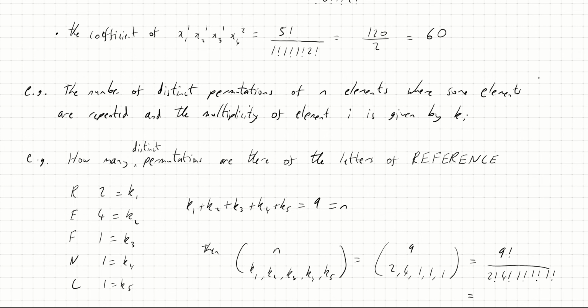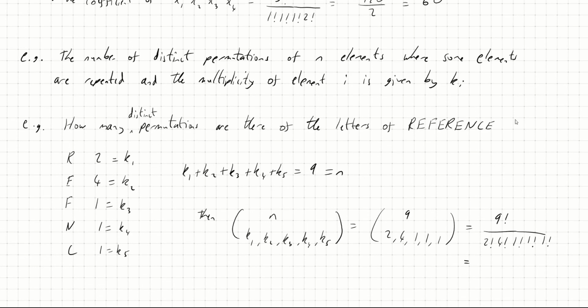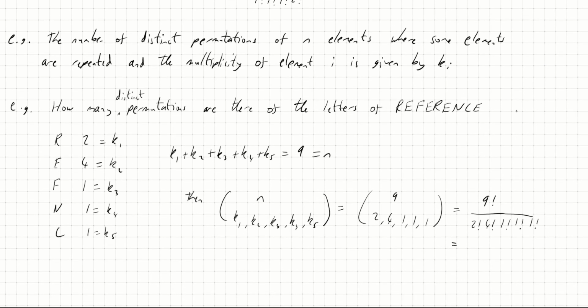The denominator here is 2 times 24, so it's 48. This is 9 factorial over 48. 9 factorial is 362,880, divided by 48. That gives me 7,560 permutations. So 7,560 different permutations of the letters of the word reference.